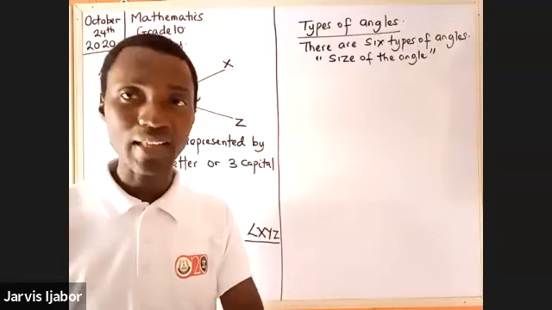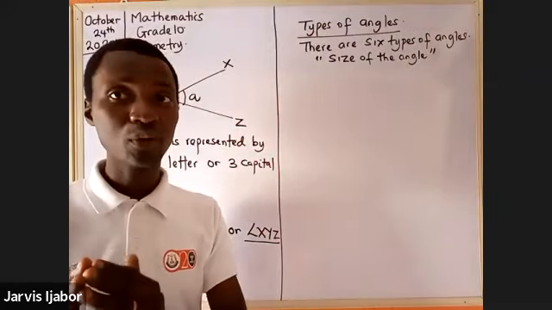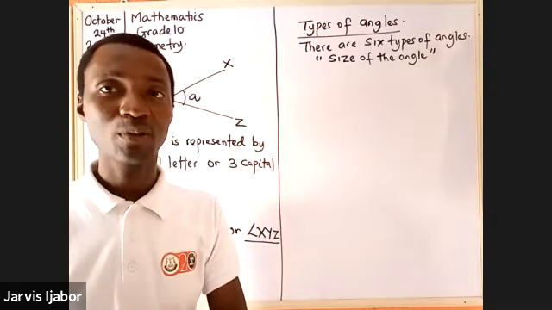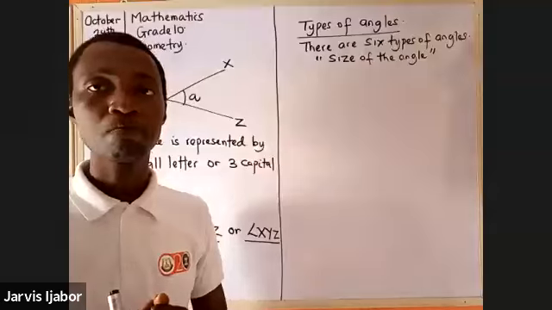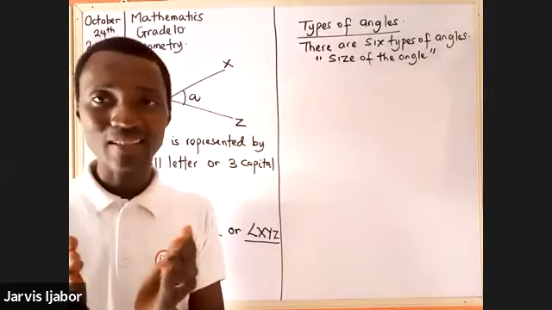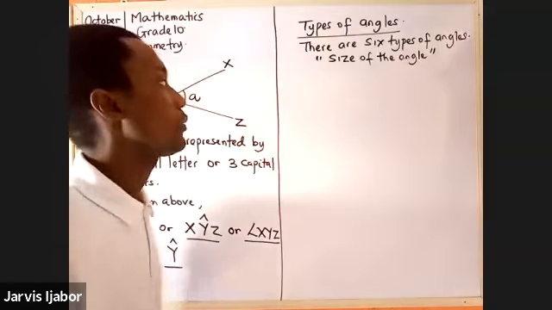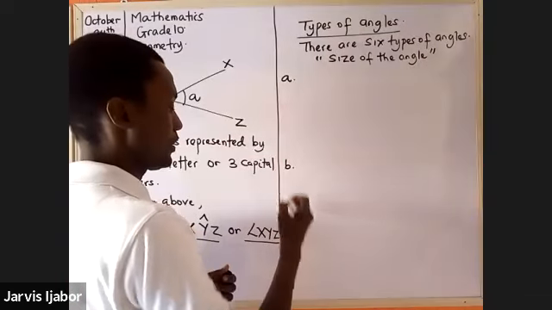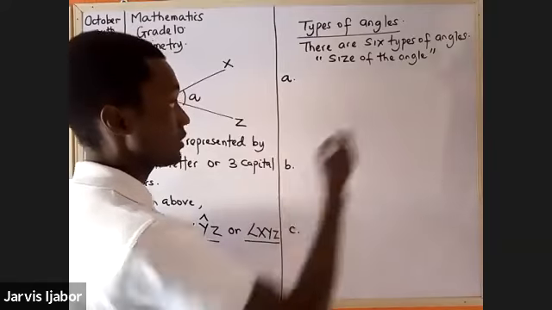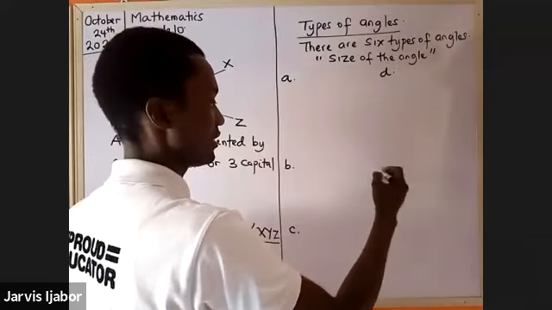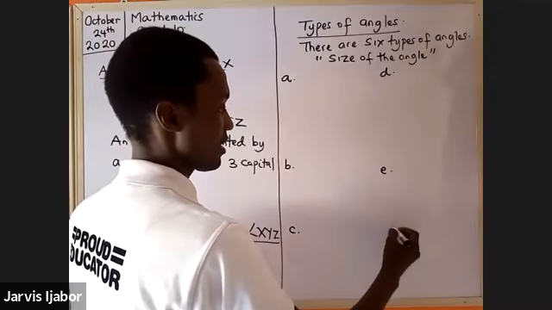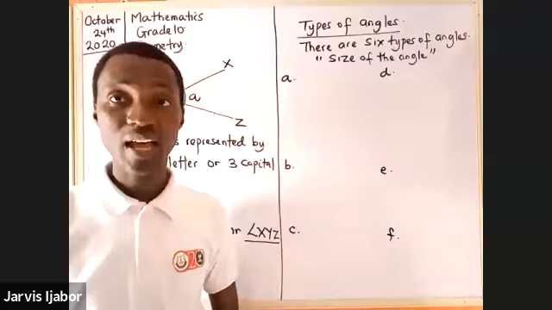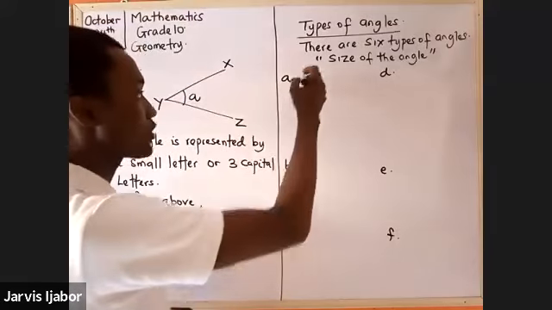I'll talk about that, because when we talk about the interaction of the angles, we have about 2 types of angles in that arrangement. But here I'm considering the size of the angle. Now, I'll just maybe put a label A, B, C, D, E, and F. Don't worry, I'll try to ensure that my diagram sticks within that space. Now, the first type of angle is what we call the acute.